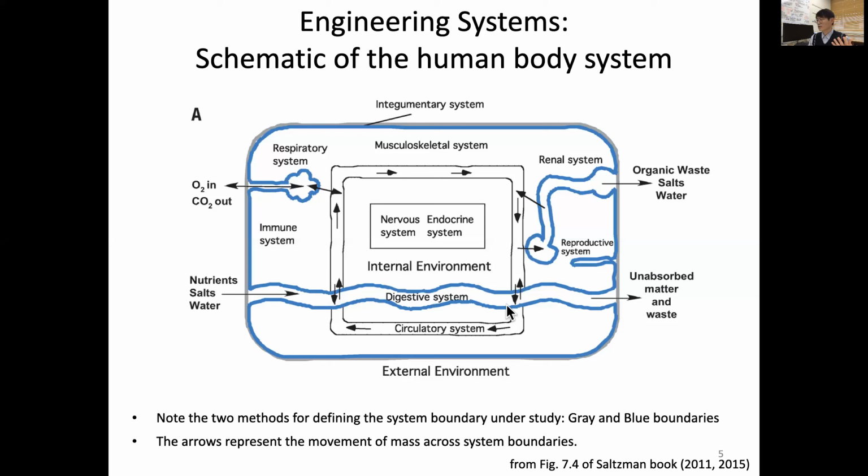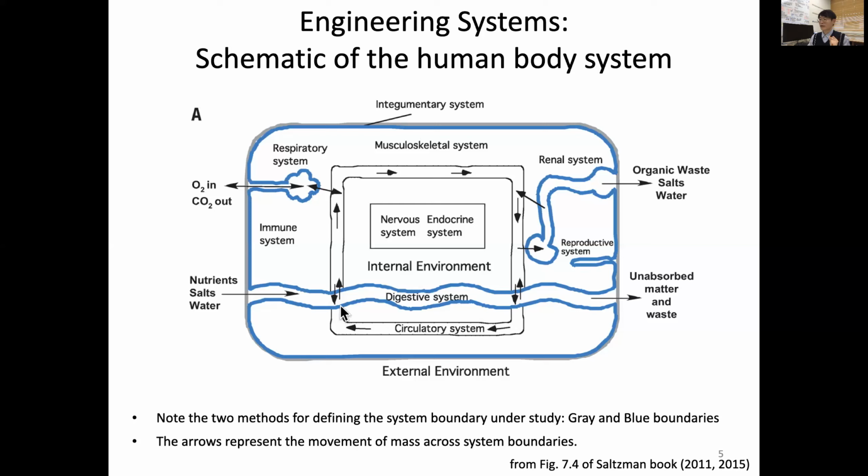Then these are the system, and the inside from the mouth to the GI tract can effectively be considered out of the system. For example, in the lung, this is the lung alveoli, and that can technically be the environment. Of course, in the kidney, this can be defined as outside of the world. So there are ways to define the system boundary under our study.